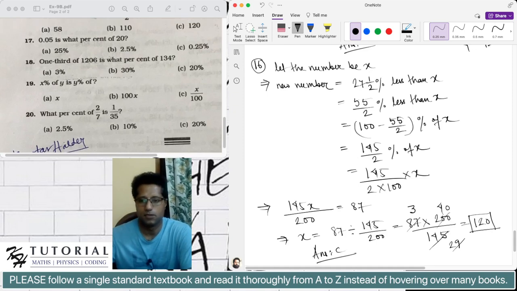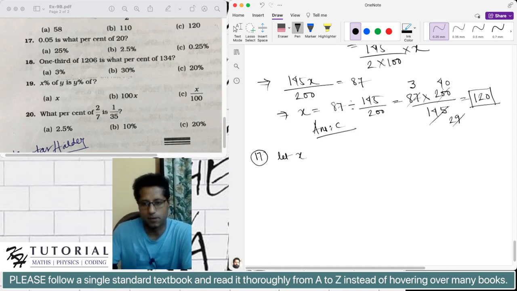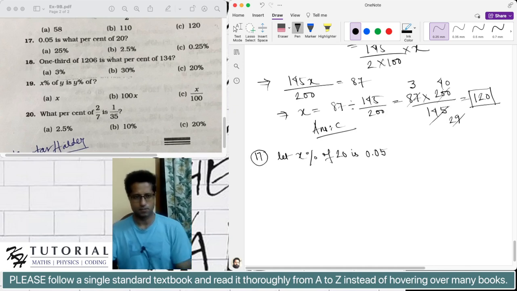Okay, let's do problem number 17. 0.05 is what percent of 20? So let x percent of 20 be 0.05. So it is asking 0.05 is what percent of 20? So we have assumed that percent to be x.